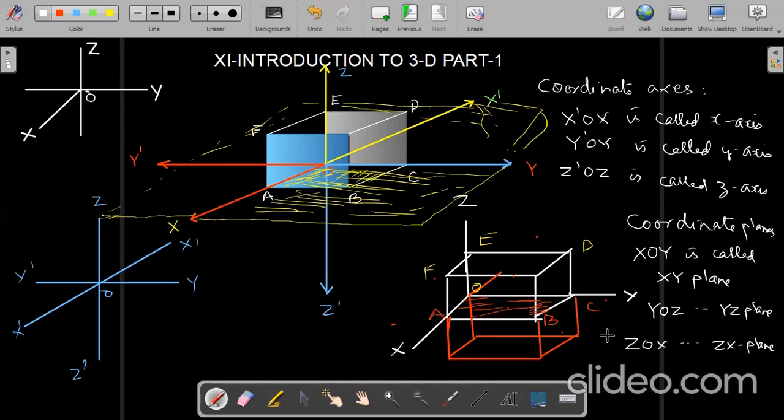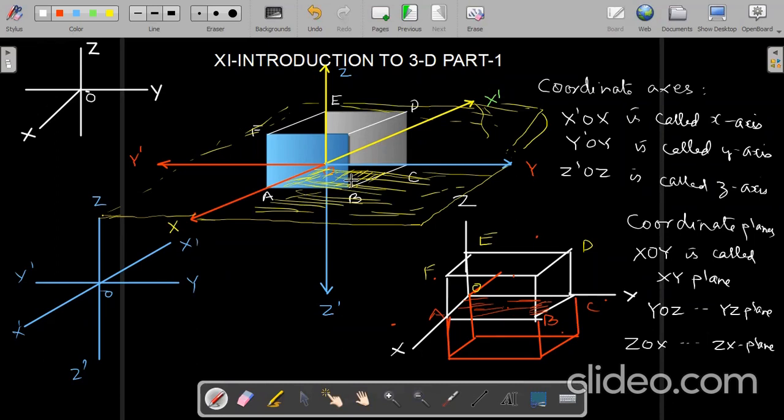Now octants. We have to see the octants. Now space is divided into 8 octants. How many octants? 8 octants. So what are those octants? If you see this X, O, Y, and Z, this will be the front one. This part, the front room, you can say is the first octant.